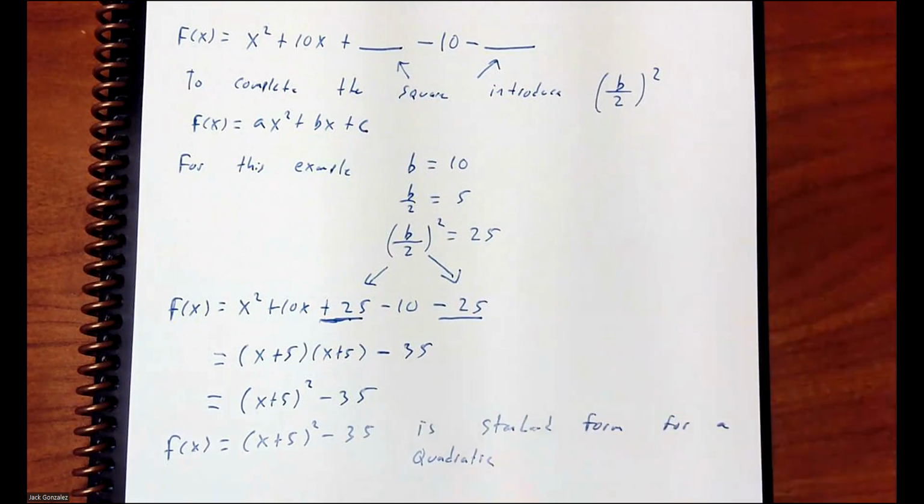You guys cool with example one? So the first question will just start in the homework. We'll just tell you, put this in the standard form and give the vertex.